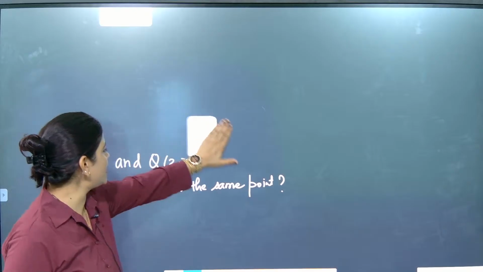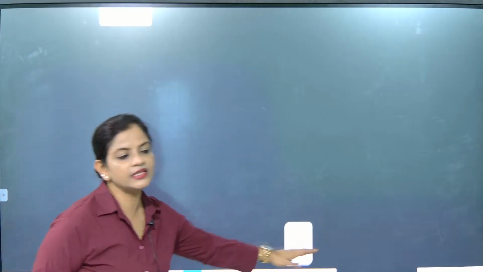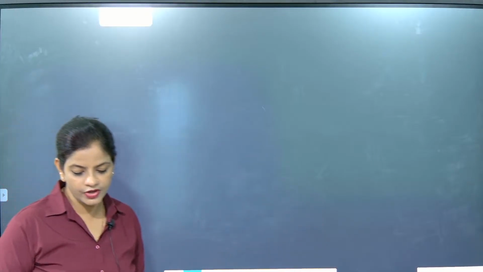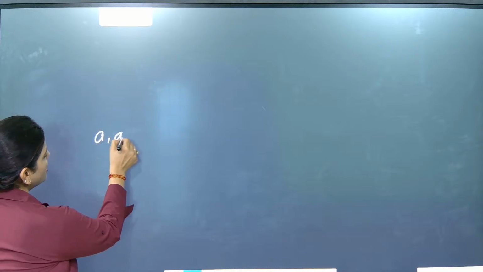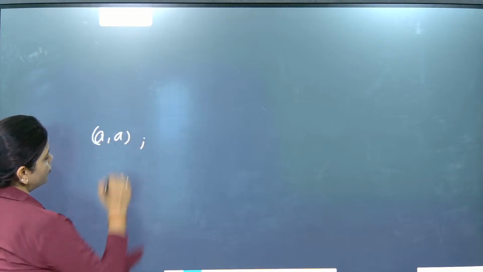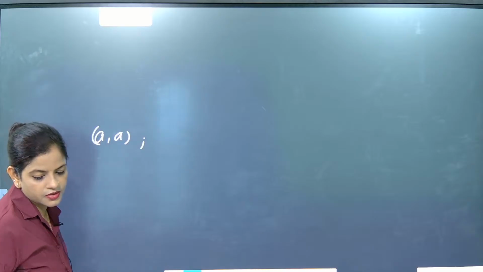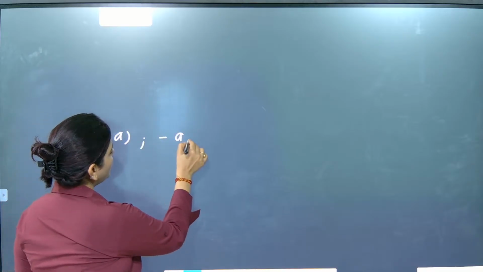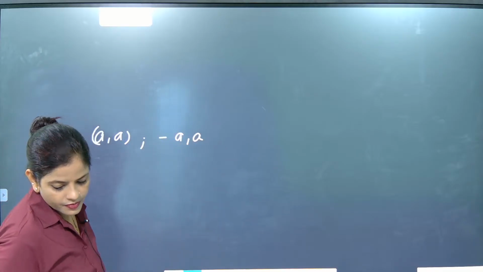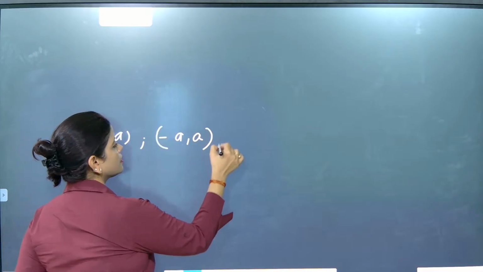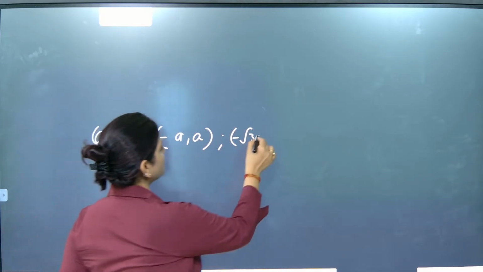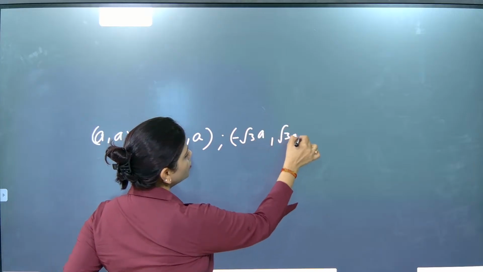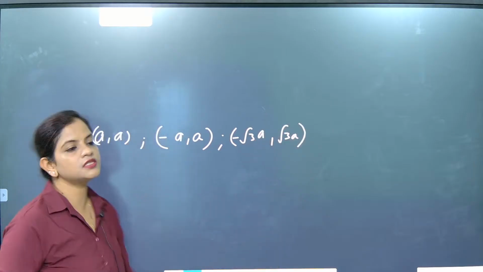Now, one question they may ask like this in MCQs. The question is: the points A comma A, minus A comma A, and minus root 3 A comma root 3 A are the three vertices of a triangle.